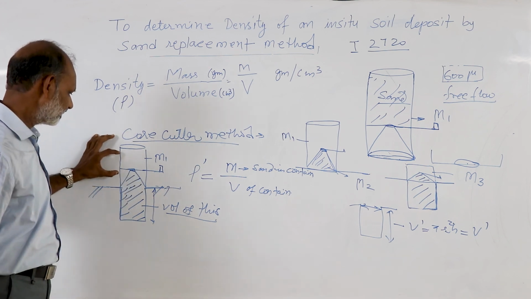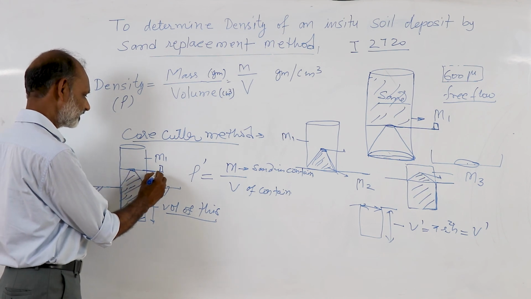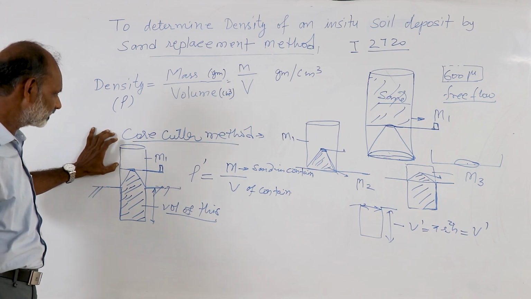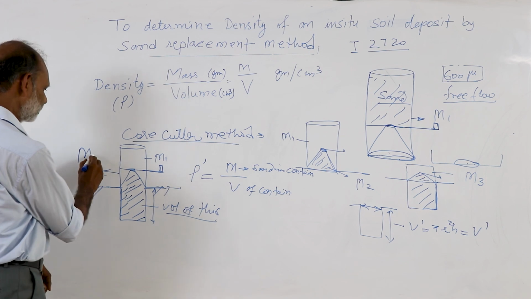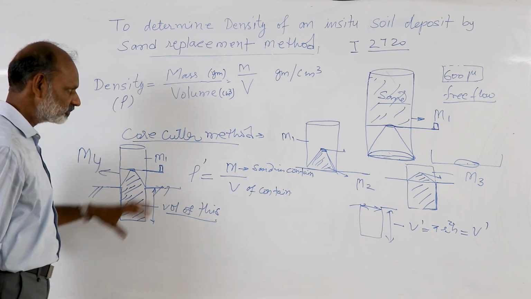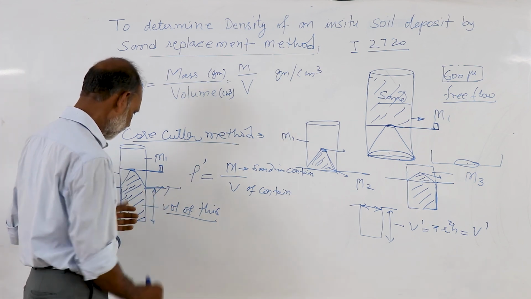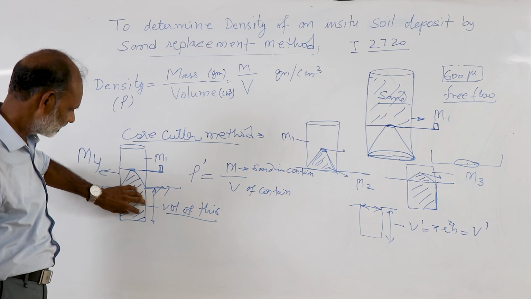When the flow stops, we close the shutter, and the weight of the remaining sand in the pouring cylinder is taken, which is equal to M4.